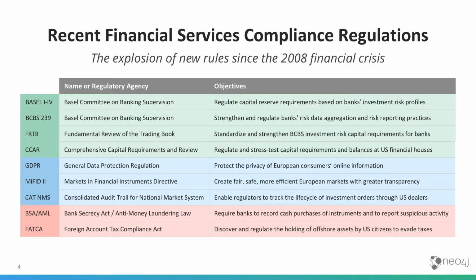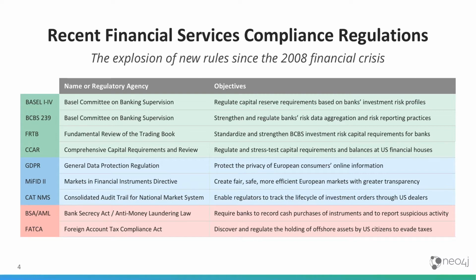So you have Basel, the Basel Accords 1 through 4, which is focused on capital reserve requirements based on banks' investment profiles. You have BCBS 239, which calculates a value at risk metric and then reports that, so there is a lot of risk aggregation as well.